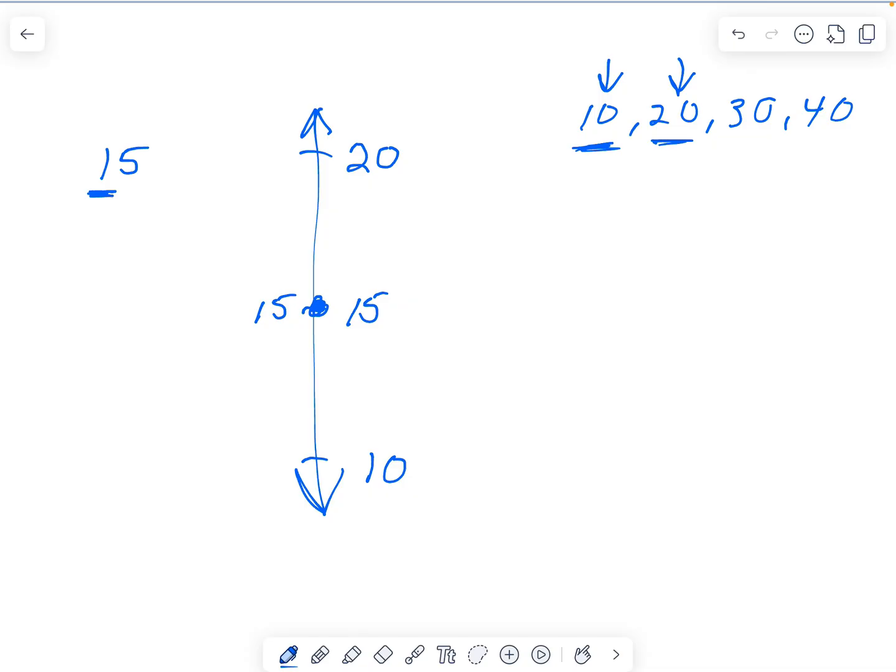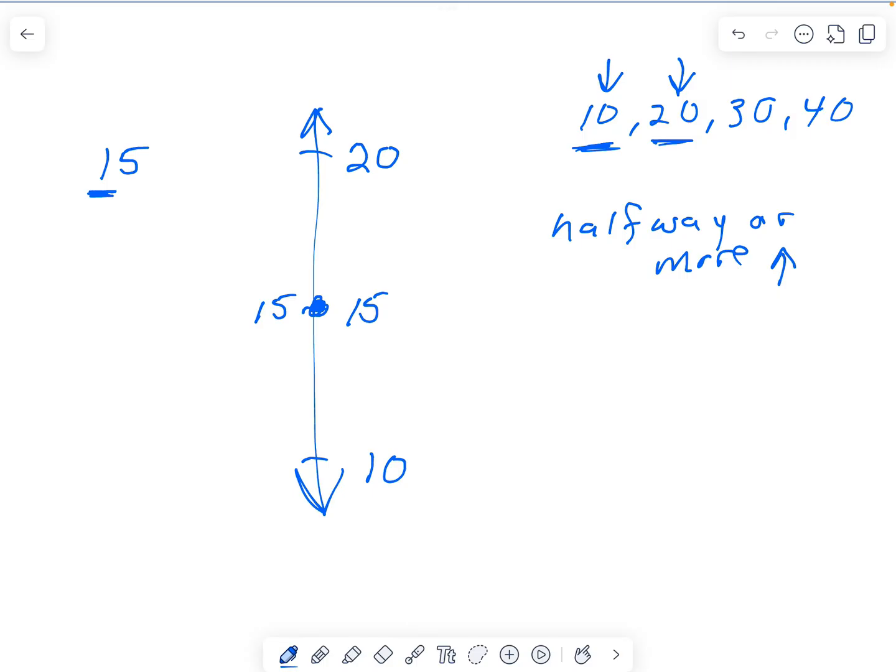So mathematicians around the world came to an agreement. And that agreement is that if it's halfway or more, then we round up. Okay, so it's something that everybody in the world does.